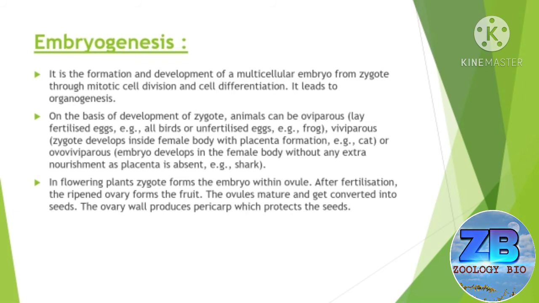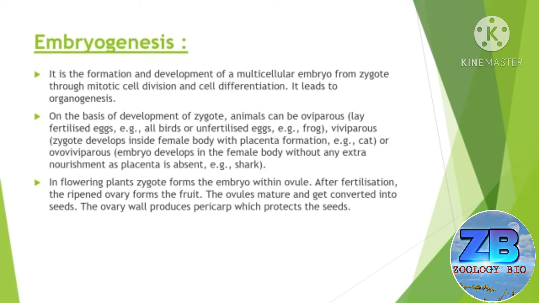And now let's have a look at embryogenesis. It is the formation and development of a multicellular embryo from the zygote through mitotic cell division and cell differentiation. It leads to organogenesis. On the basis of development of zygote, animals can be oviparous, laying fertilized eggs, for example all birds, or unfertilized eggs, for example frog.